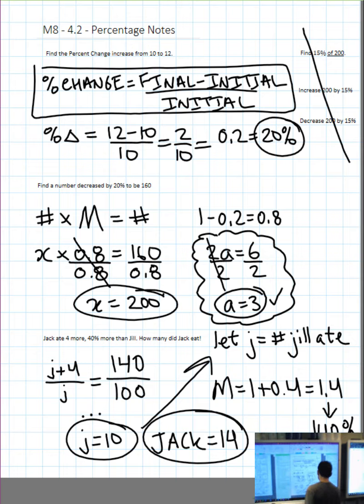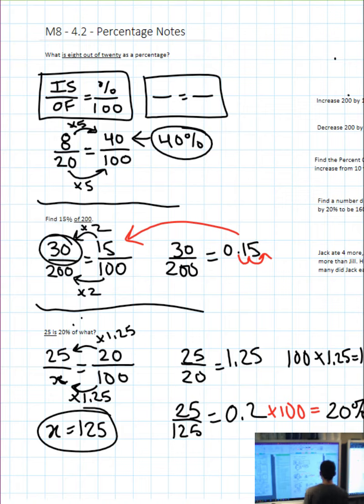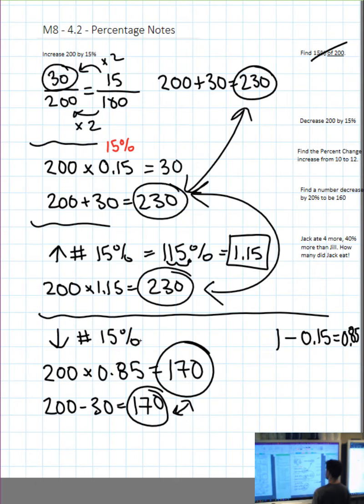So, in review, we're going to use is over of equals percentage over 100, finding parts of things. Then we're either going to use is over of equals percentage over 100 and then add or possibly subtract a number, or just simply multiply by the decimal you want to be.